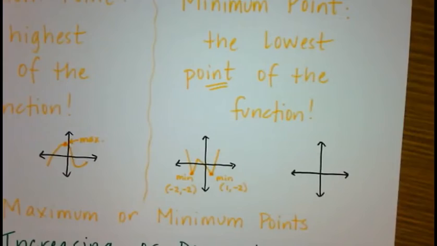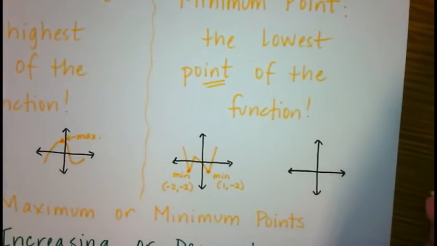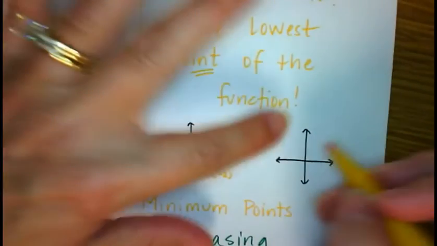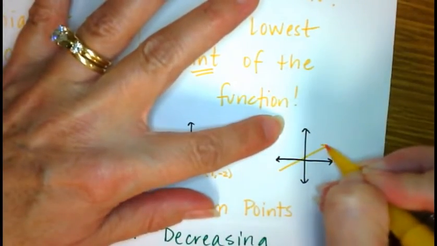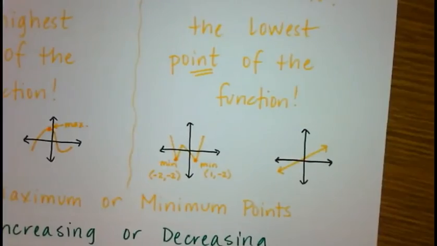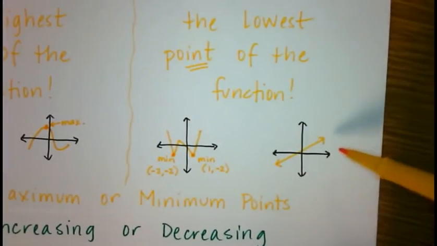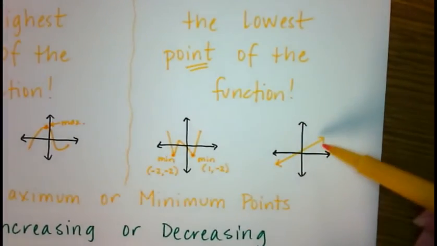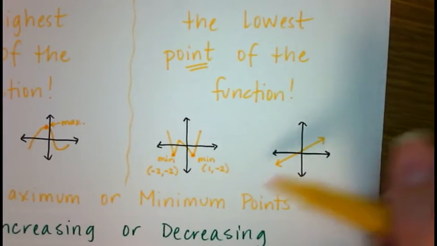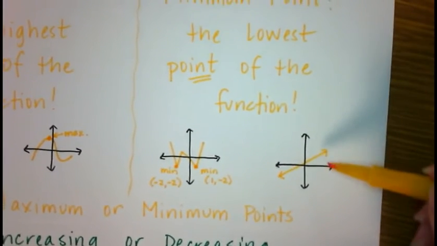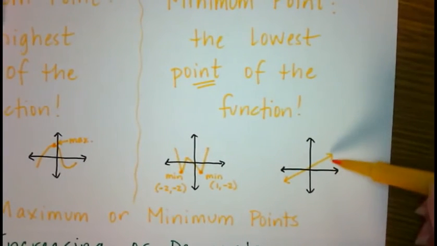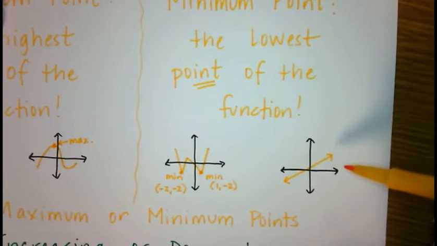So let's say, because last year you guys did linear functions, so let's say we had an equation of a line. So if we had an equation of a line, we know that the graph is just going to continue on in both directions. So if we were asked for a maximum point, is there a highest point on the line?